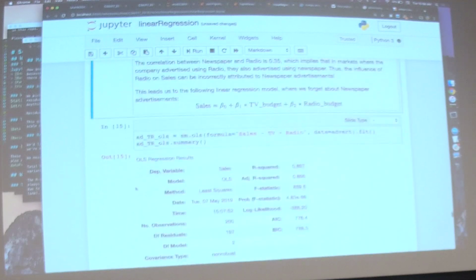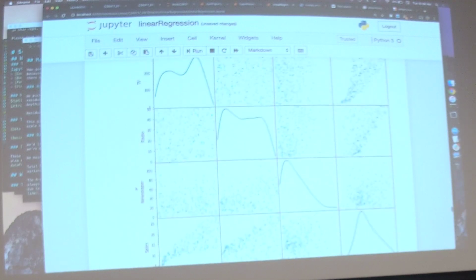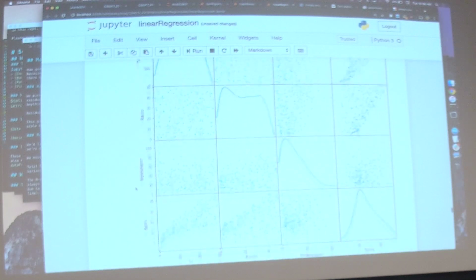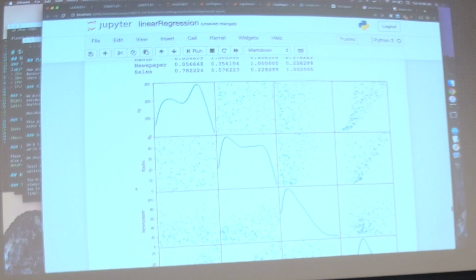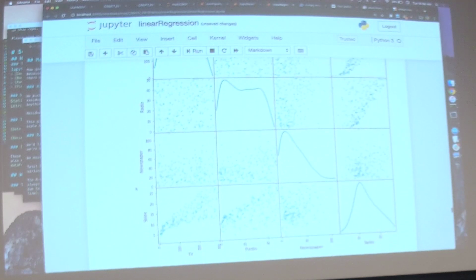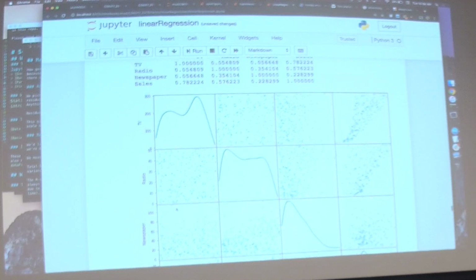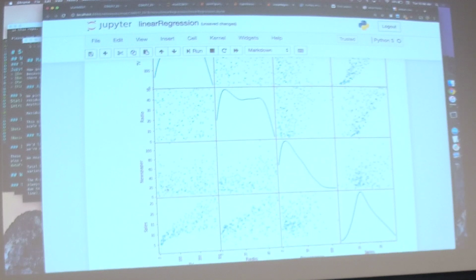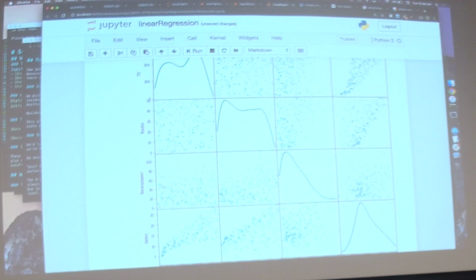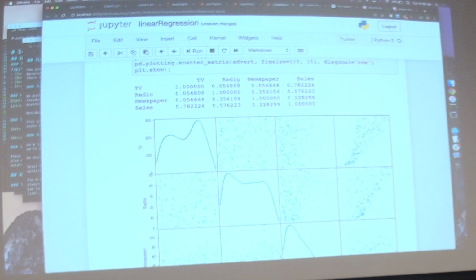So here we're looking at the correlations between the various variables, and you see that the newspaper and TV and radio, there's not that much correlation. Some. If you look here, there seems to be a pretty strong correlation between the radio and newspaper.